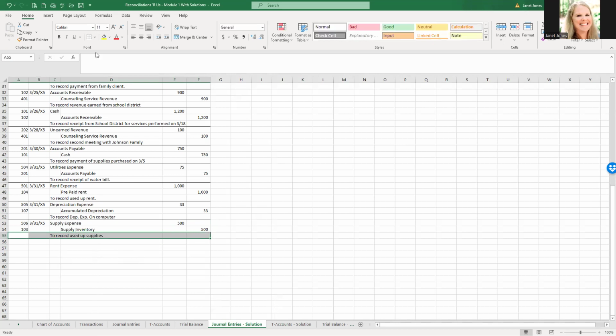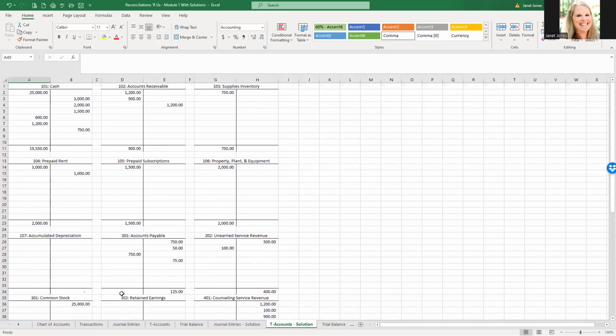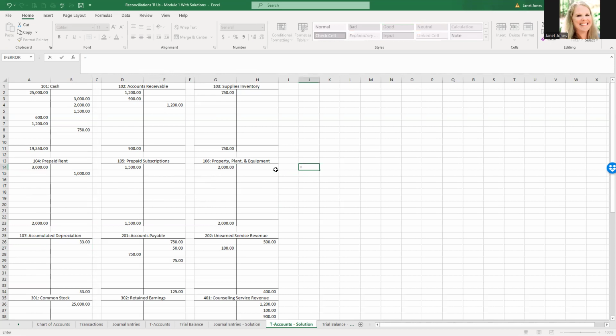I forgot to post depreciation, so let's post both of these now. So we're going to go over to our T accounts and we are going to look at our assets. So we have that $2,000 computer sitting in our property, plant, and equipment. And then we have the contra asset account, which is where we will record that depreciation. So it's $33. So this tells us the carrying value of this asset is going to be the cost minus that accumulated depreciation.